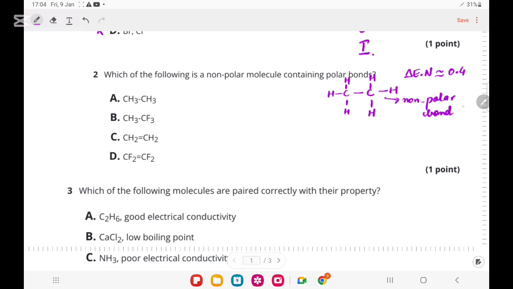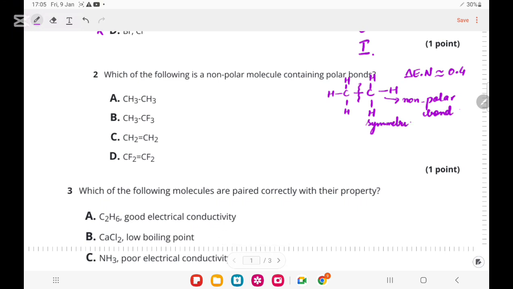and they are symmetric. Why are they symmetric molecules? Because CH3 is here, CH3 is here, so they do not have any kind of polarity there. They are not pulling the electron more towards one side. Because of that, the electron remains intact, and that makes them symmetric.